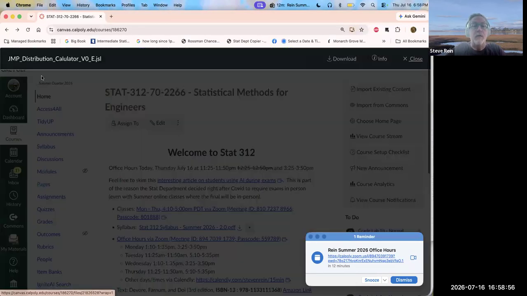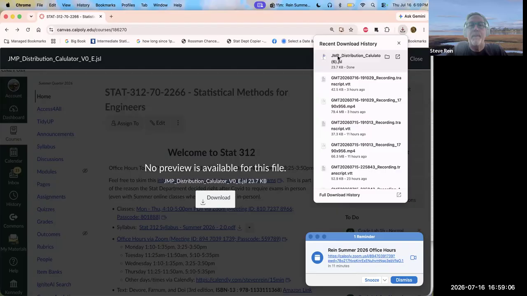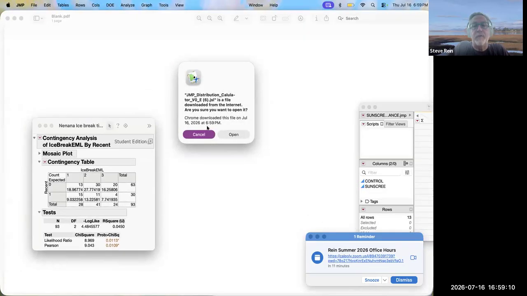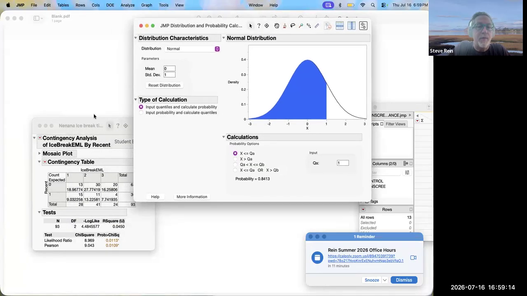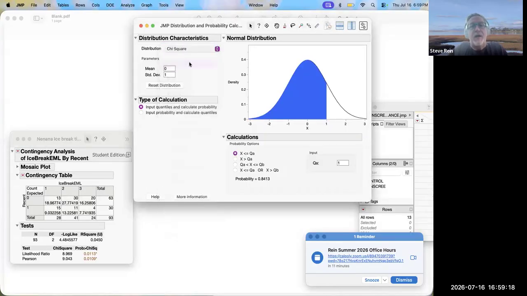Download the distribution calculator and open it. Notice that it says normal. Let's switch that over to chi-square.